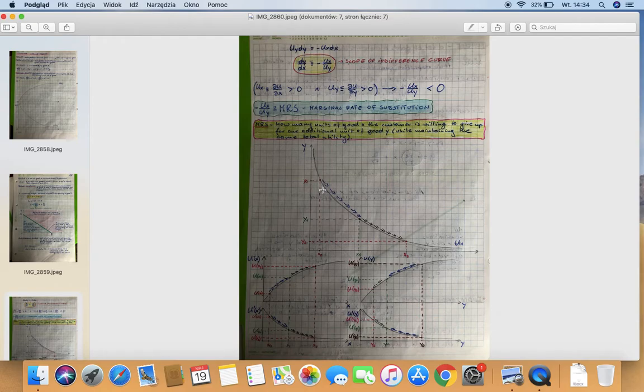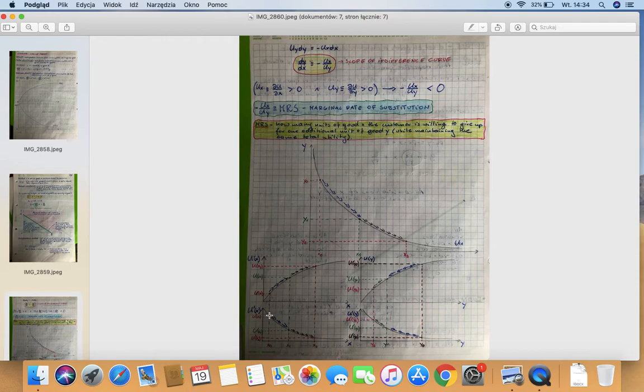give up some of good Y, the loss in his total utility would be relatively small. Because marginal utility, when you have this many units of good Y, is rather minor. On the other hand, look, marginal utility for good X is very big. Why is that so? Because you have very little of it.